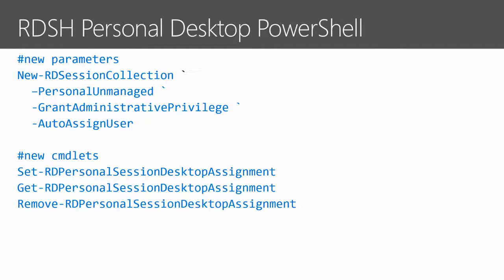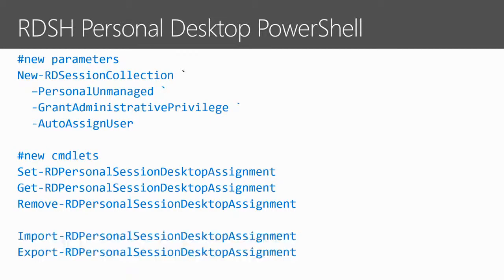Now, we've also introduced new commandlets. We've got set, get, and remove of the RD personal session desktop assignment. So I can do it manually with the set. I can get to see who is assigned, and I can remove if somebody left the company and I want to start over again with that VM. And then, of course, we support the import and export. Now, if you're familiar again with our RD commandlets, and in particular with our VDI, you'll notice that these look almost identical to our VDI, and that was intentional.